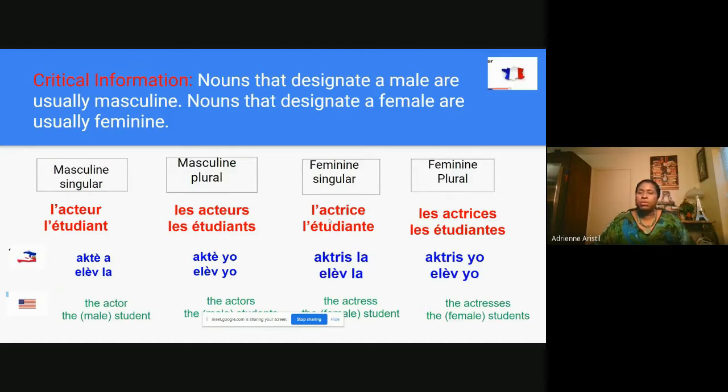For a female student, you will say l'étudiante. Remember, the masculine is l'étudiant, the T is silent. And now for feminine, you will say l'étudiante.